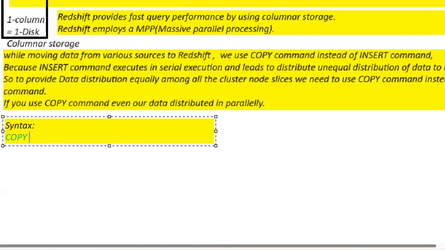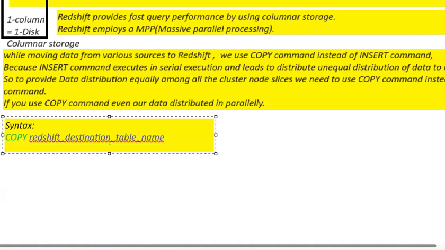Your destination table name. The destination table is present under Redshift, right? Yes. So the Redshift destination table name is what you need to provide here. So copy and table name. And next, you need to write from where you need to copy.